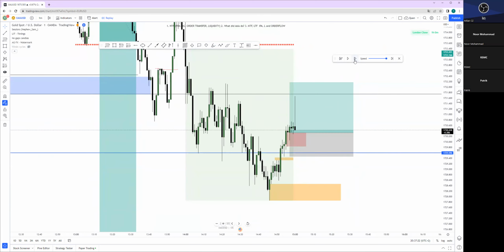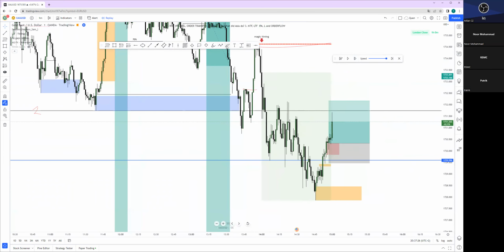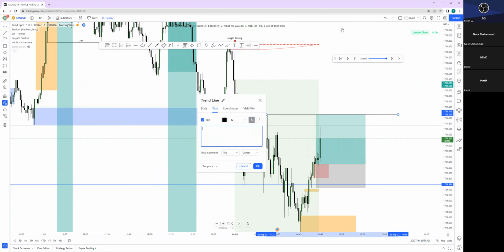And yeah, perfect. This could be our first partial inducement high. And this is exactly when the strong high and weak high, weak lows concept becomes subjective, right?